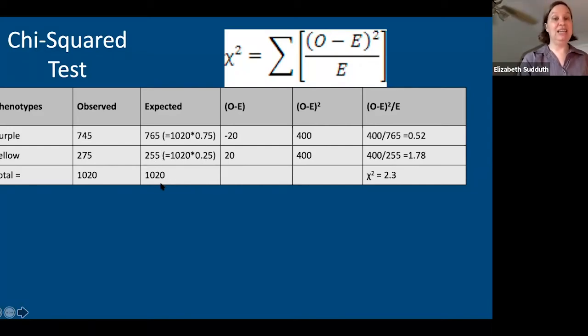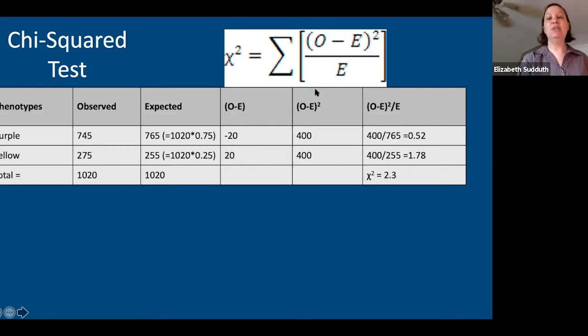And again, our total stays 1,020. To calculate this, we're going to do observed minus expected, and that's what this column is. So 745 minus 765 is minus 20. 275 minus 255 is 20.